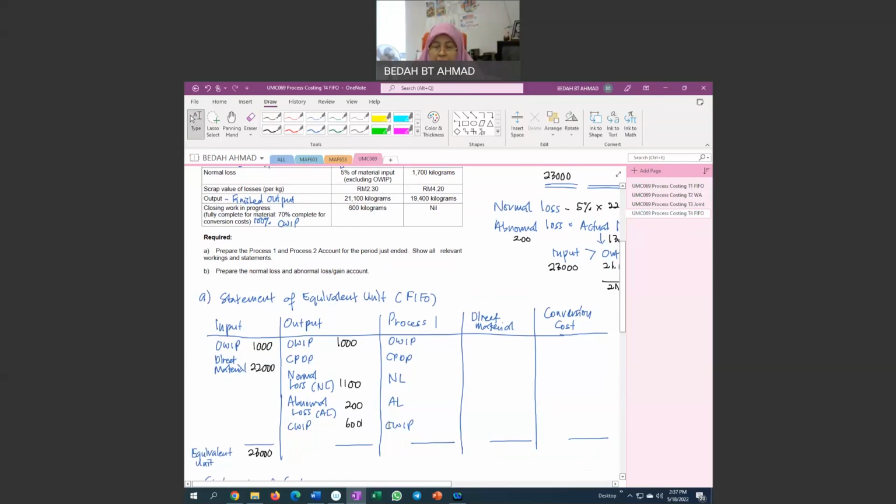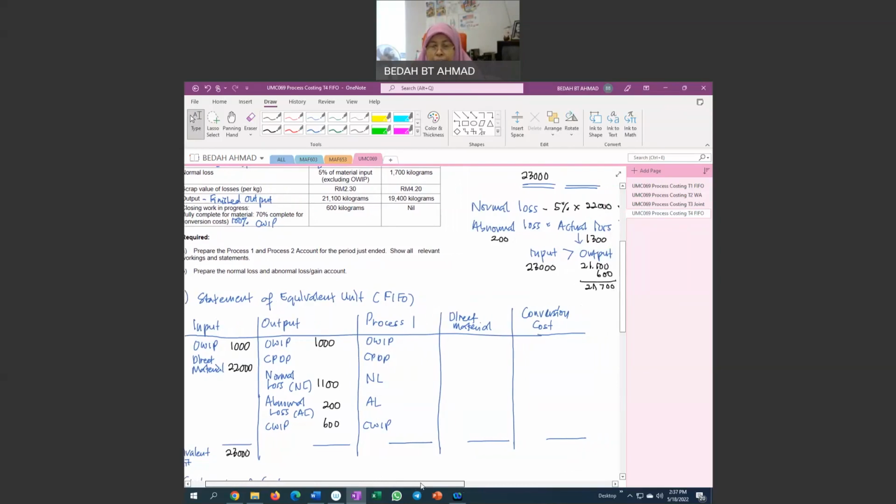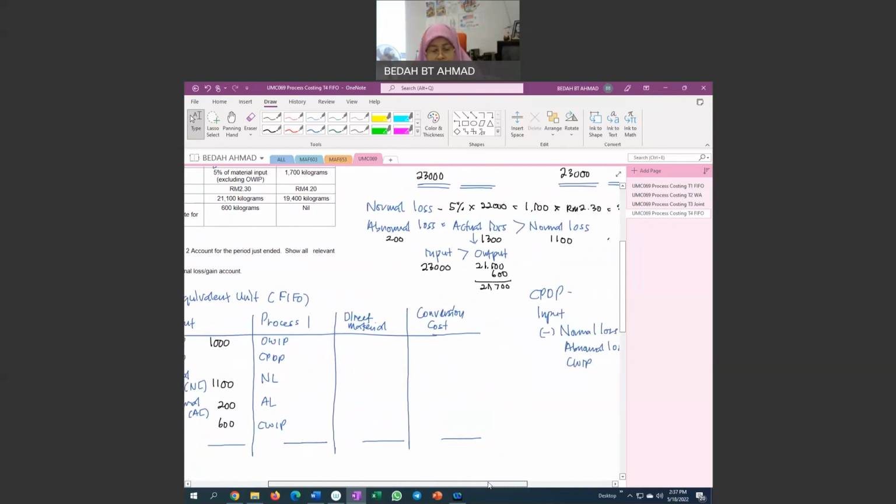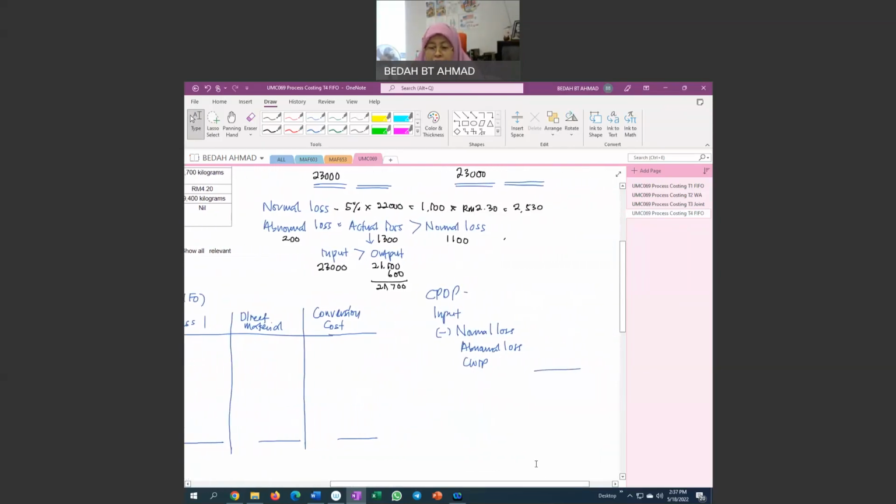For the CPDP, the input is 22,000, minus the normal loss 1,100, minus the abnormal loss 200, and minus the closing work in progress 600.